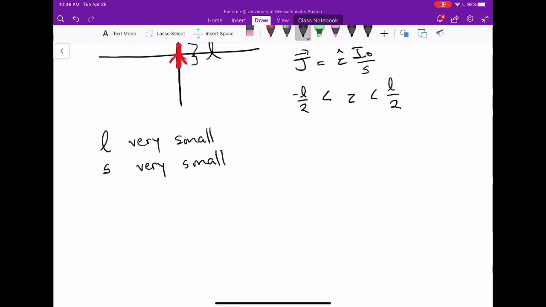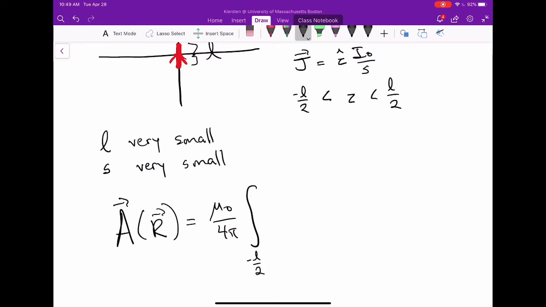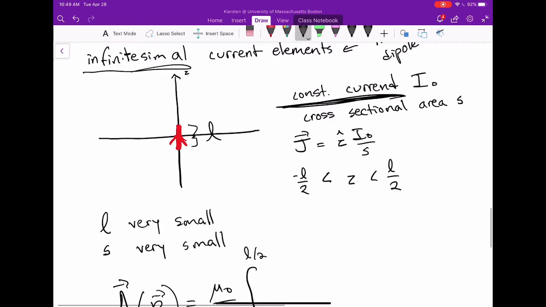If we set up our radiation integral under those constraints, we get mu naught over 4 pi, just like we normally would. We get the integral from minus L over 2 to L over 2. Now, since our current is constant over the cross-sectional area, dV prime just has to be S dz prime.